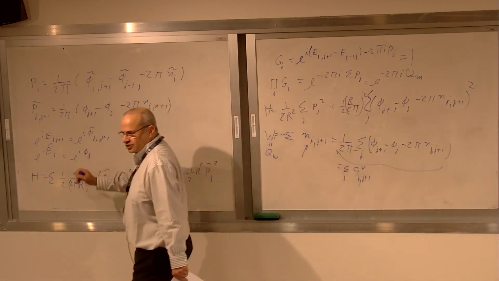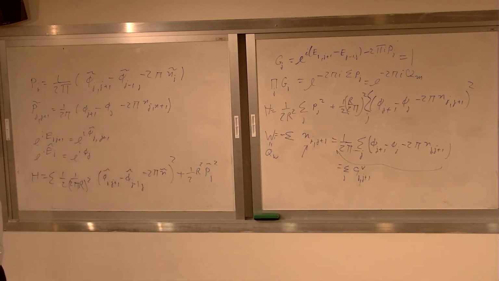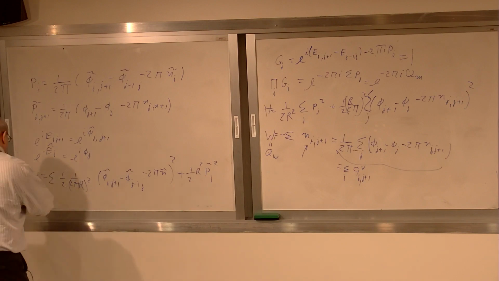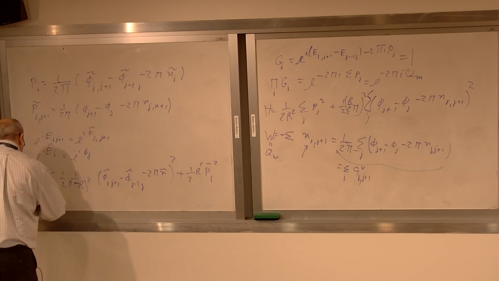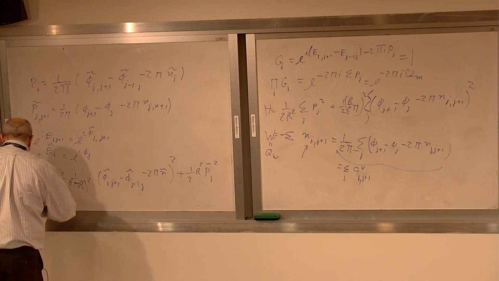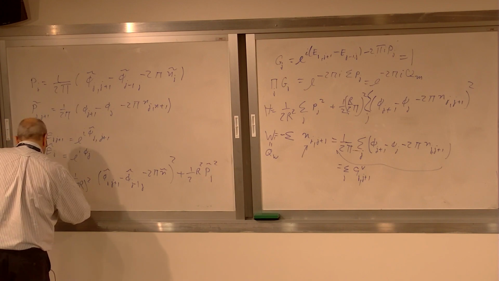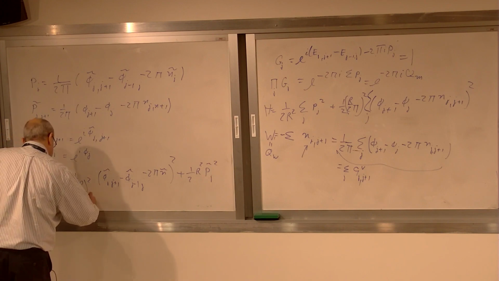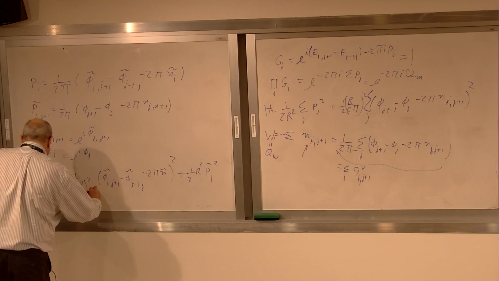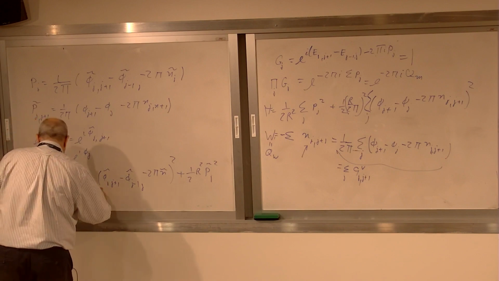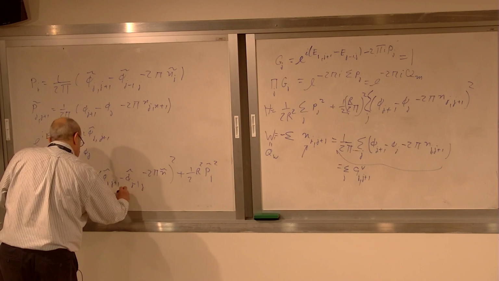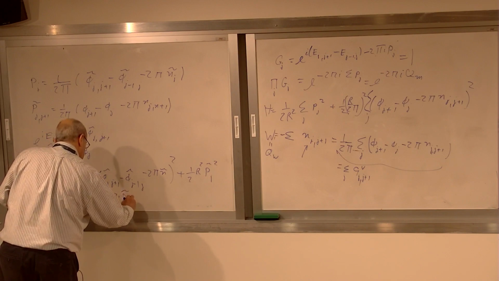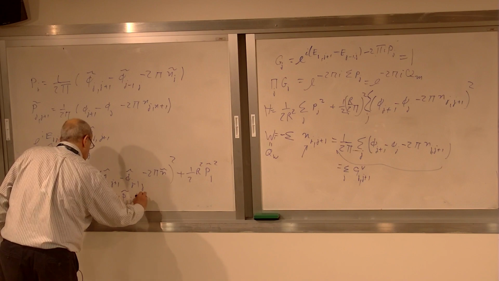However, we need to impose another Gauss law instead. There is a G tilde on the links, j+1, which is e to the i (ẽ_{j+1} − ẽ_j − 2π i π̃_{j+1}) equals 1.